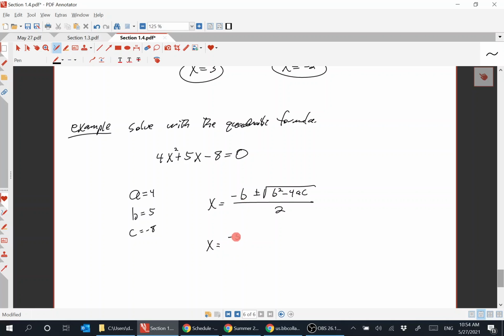So x is equal to minus 5 plus or minus, b squared is 25, minus 4ac, so that's plus 4 times 4 times 8, over 16. So 4 times 8 is 32, times 4 is 128.